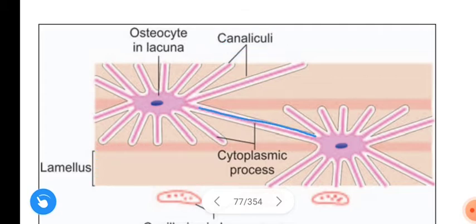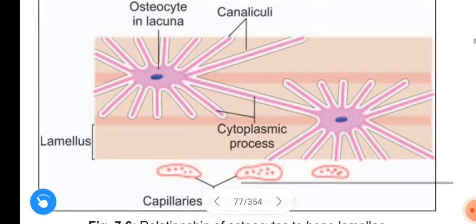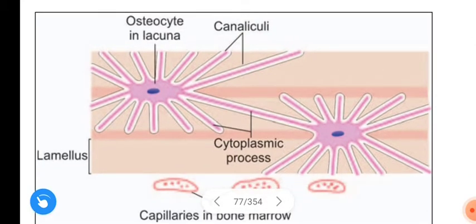These are the delicate cytoplasmic processes, and this is the lacuna with osteocyte, and these are the fine canals, which we call canaliculi, and the communication between two lacunae is through these canaliculi. This is about the lamellar bone.